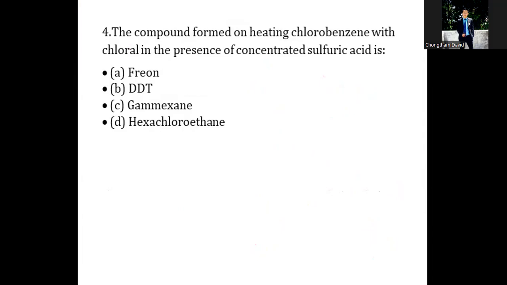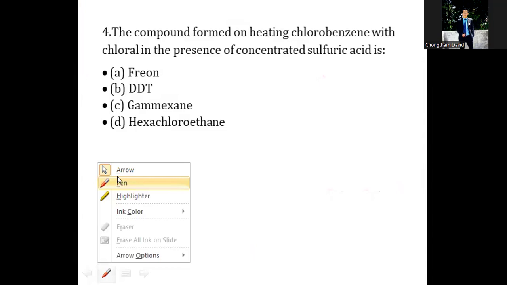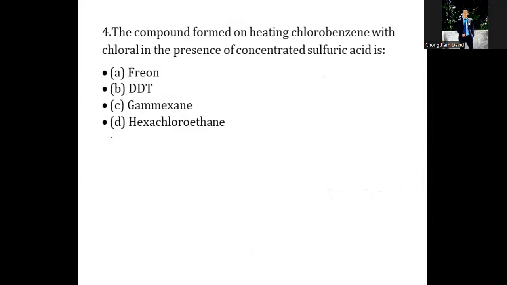So you know DDT, it is a polyhalogen compound and it is prepared by heating chlorobenzene and chloral with concentrated sulfuric acid.